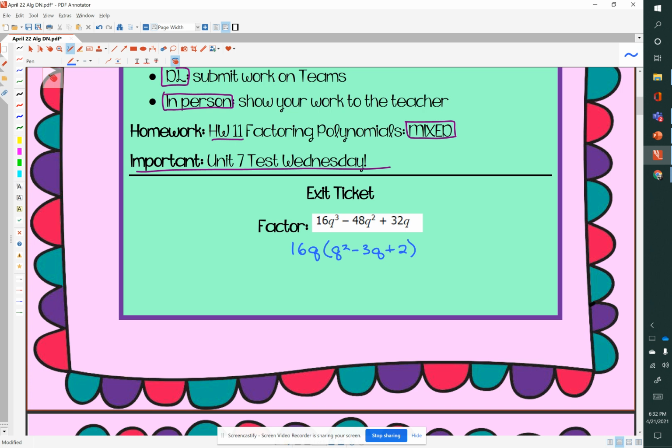It's a straightforward trinomial now, so we need to find two numbers that add to negative 3 and multiply to positive 2. So that would be two negative numbers, negative 2 and negative 1. So we have 16q, q minus 2, q minus 1, and that is a final answer.